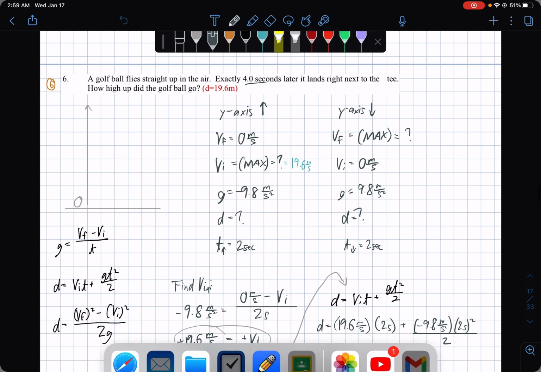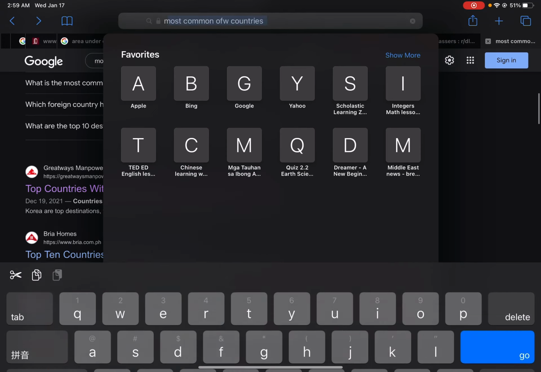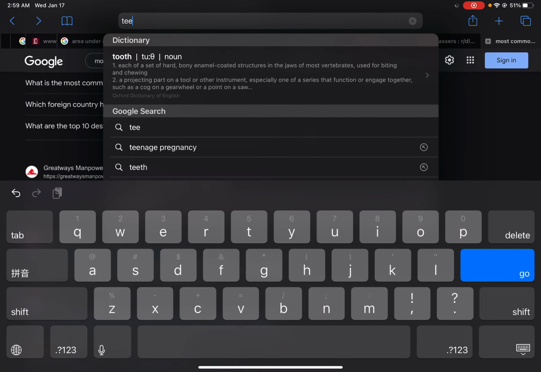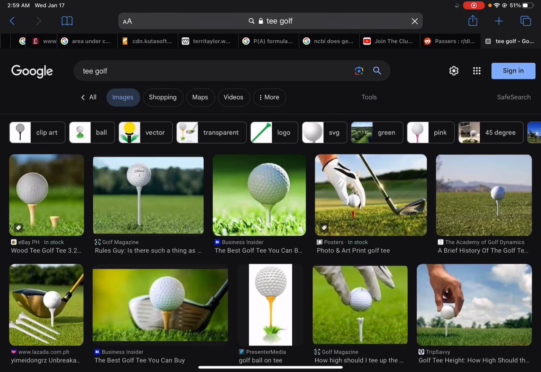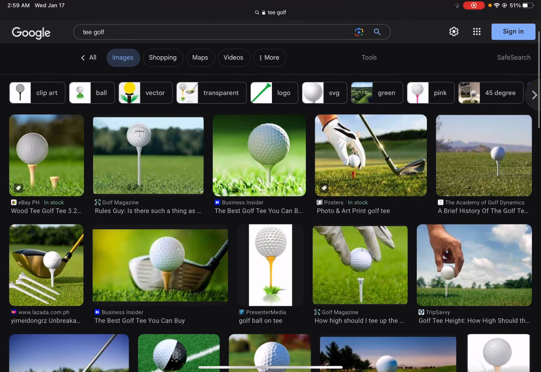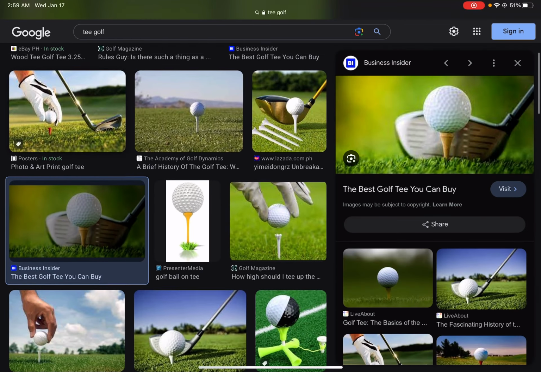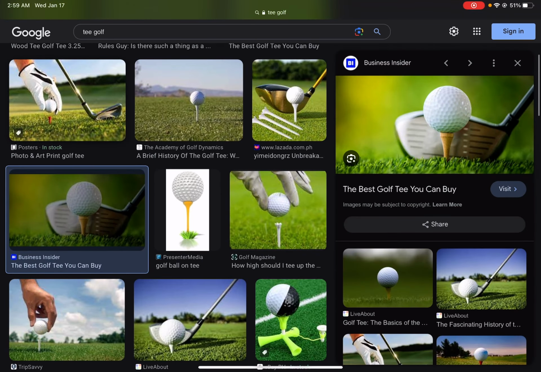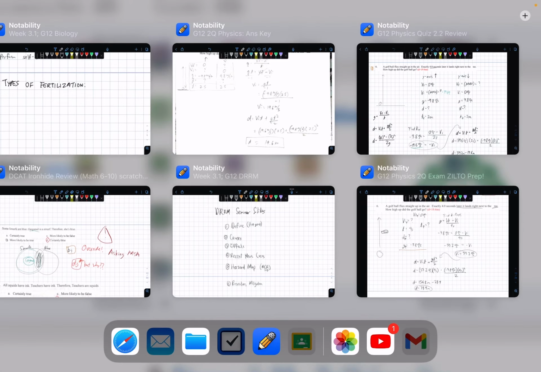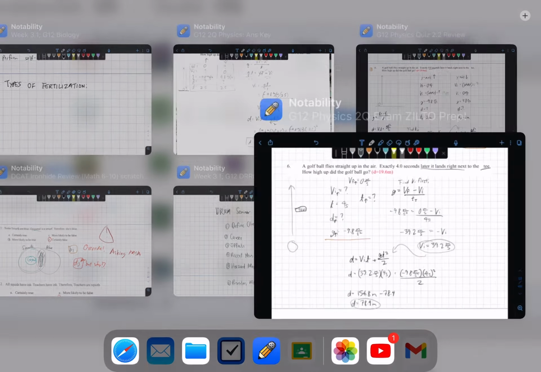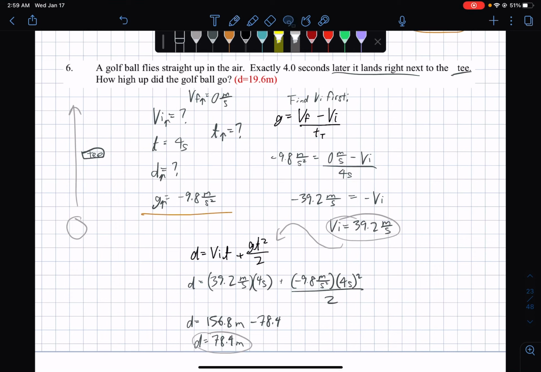What is a T? Dude, that is so... What is a T in golf? Oh, never mind. I'm sorry. I guess you should also be culturally educated. I didn't know what a T was.